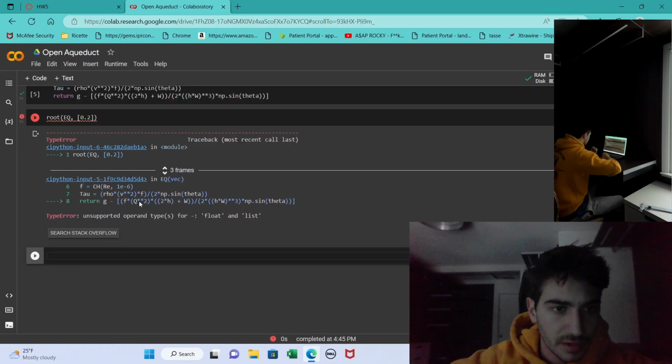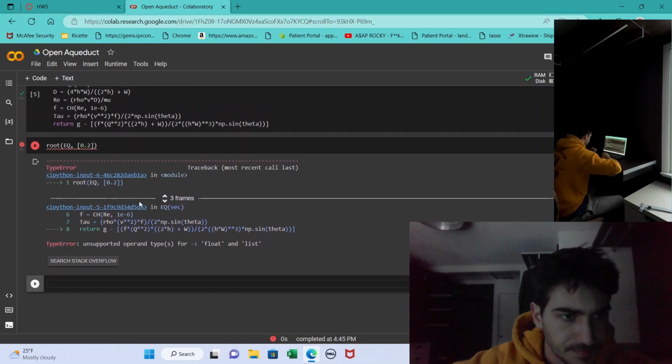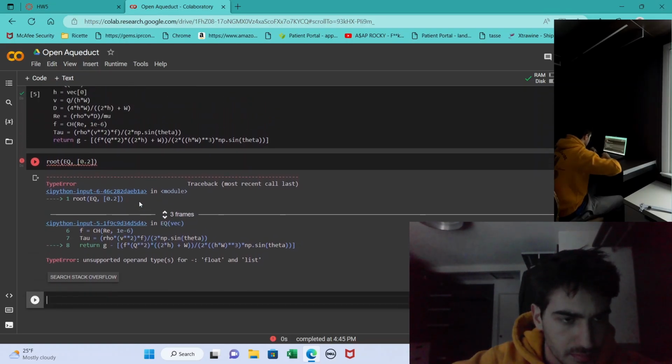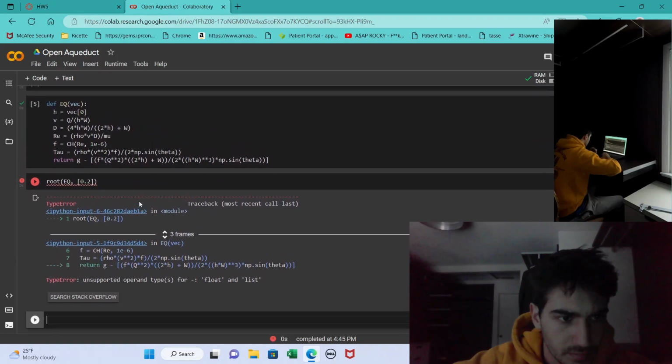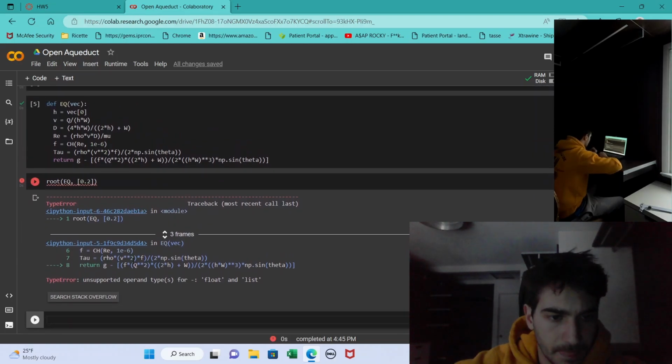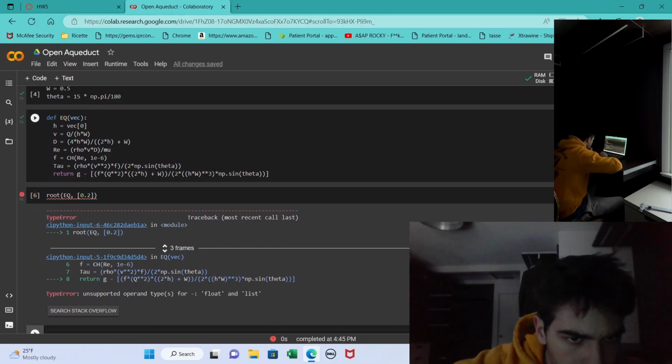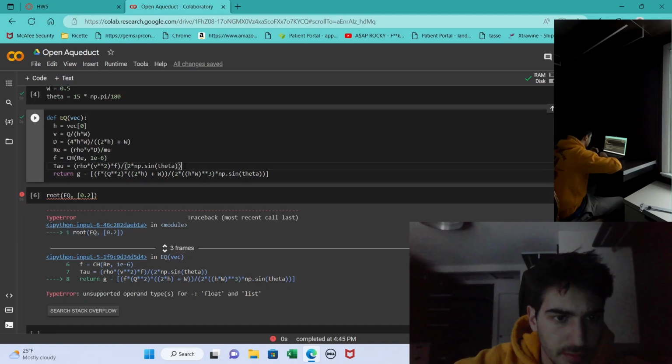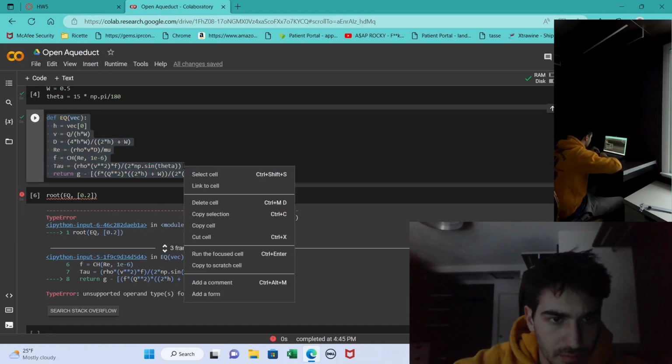So press Shift Enter, we should get our value. No, there's an issue. Maybe we don't even need tau, so we can actually get rid of this. Save that.